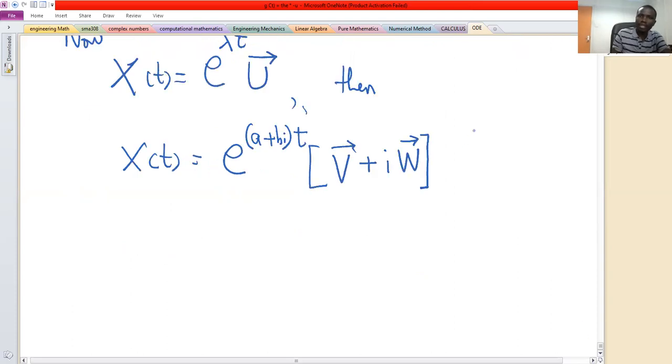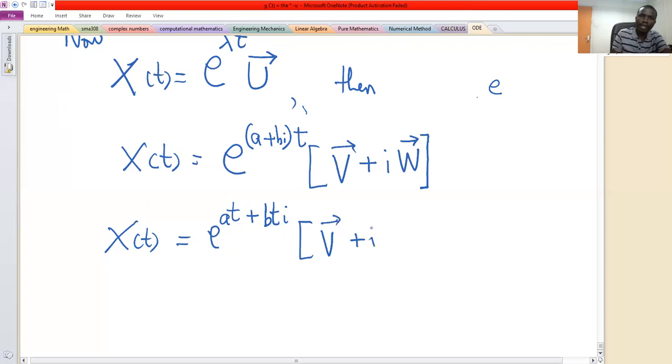Now, from laws of indices, the next step, this would be x of t equals e raised to the power (a t plus b t i), times (v plus i w). This is just opening these brackets.